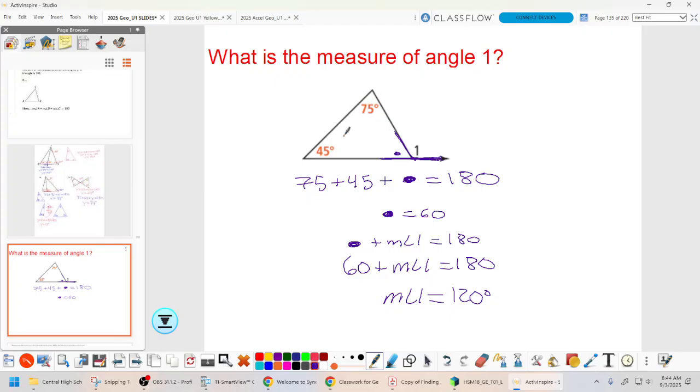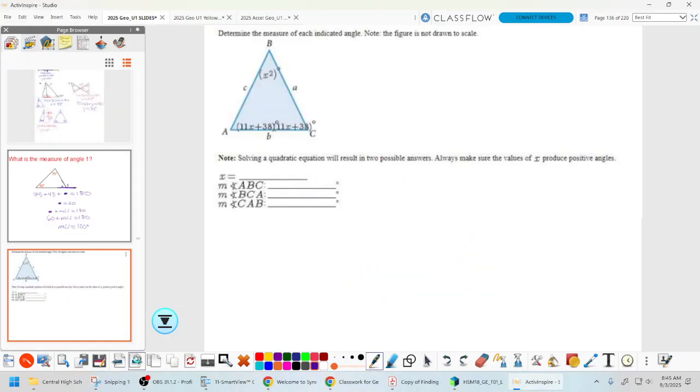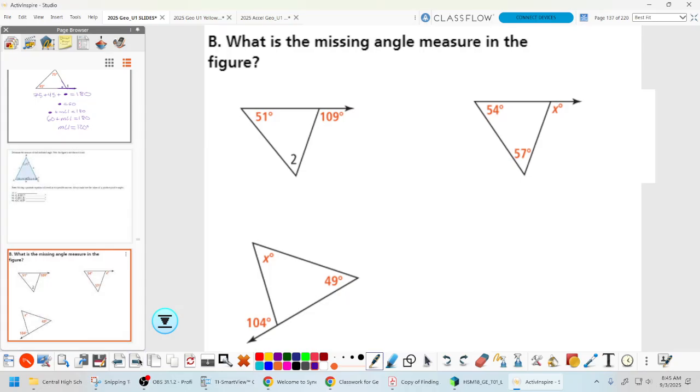It is the sum of these two opposite interior angles. If I show you a few more of these, like this 109 is the sum of these two. So 109 equals 51 plus measure of angle 2. Same thing over there. It's called the triangle exterior angle sum theorem.